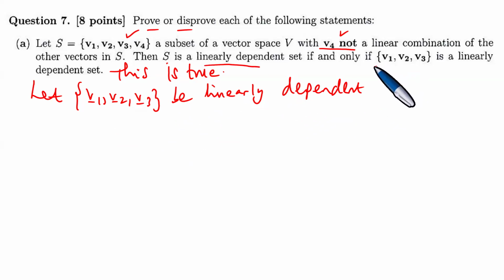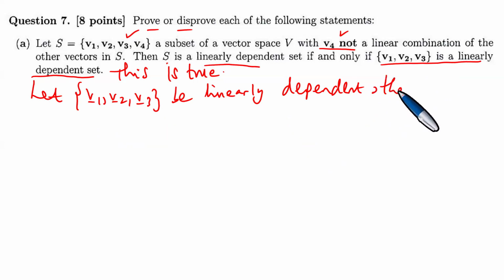So what are we doing here? We are starting from the end of this, because this is an if and only if. So we're starting from the end. We're starting with these 3 vectors that are such that they form a linearly dependent set.